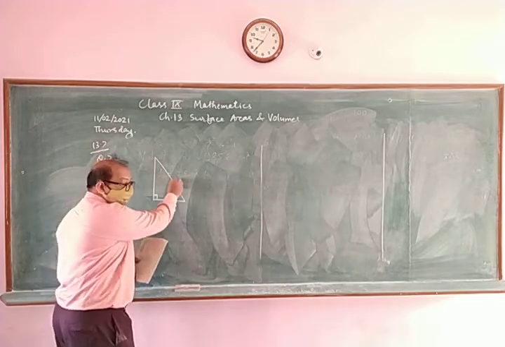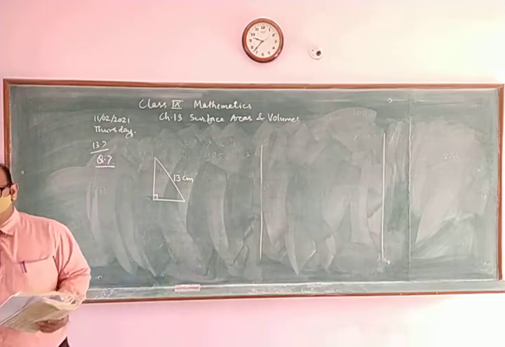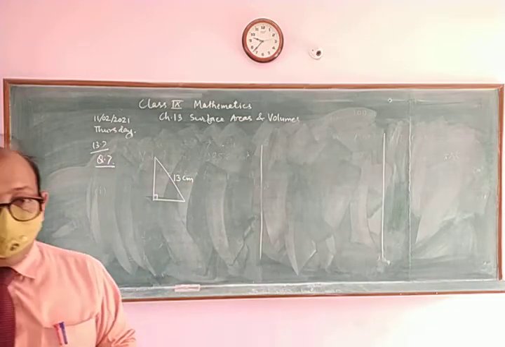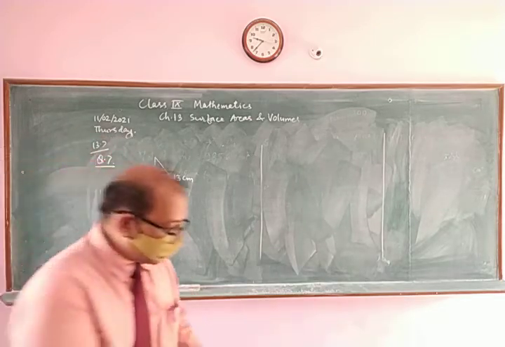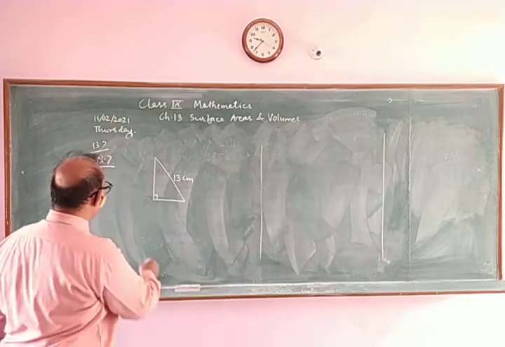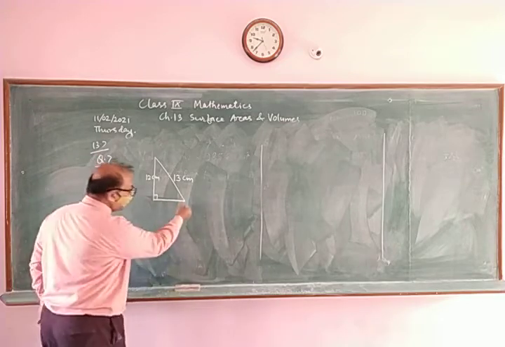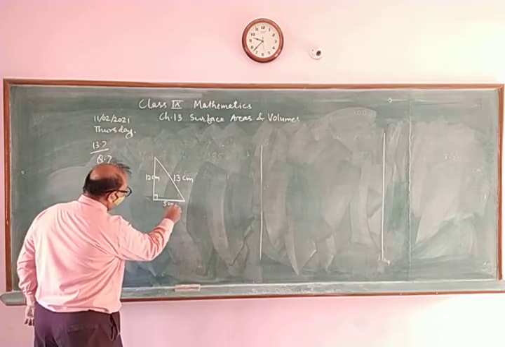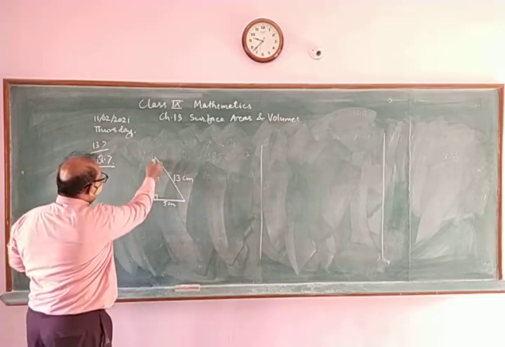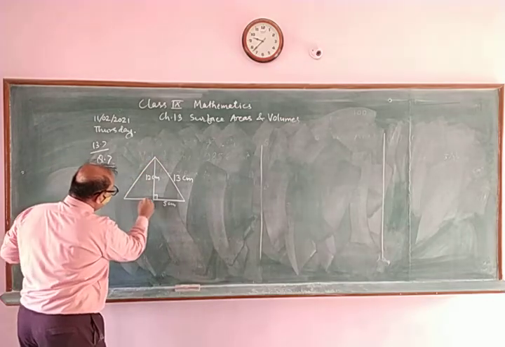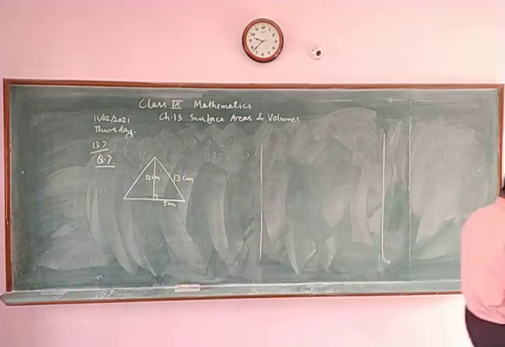So it is hypotenuse, so it will be 13 centimeter. It is revolved about the side 12 centimeter. Means this is 12 centimeter, and the remaining third side is 5 centimeter. Now it is revolved about the side, so it will be the cone of height 12.